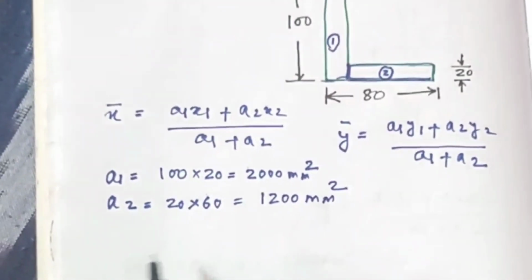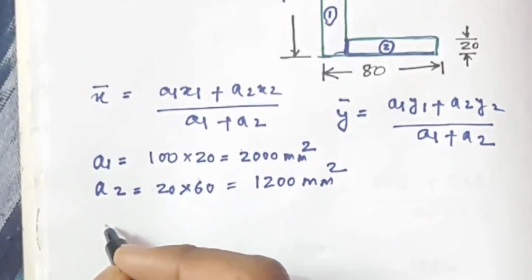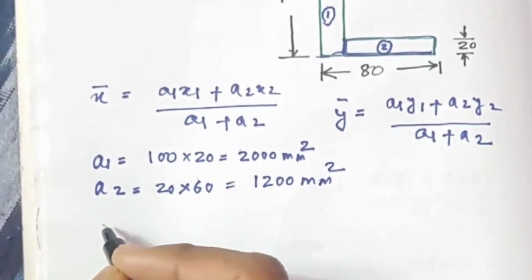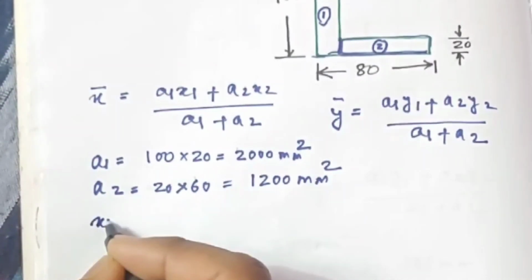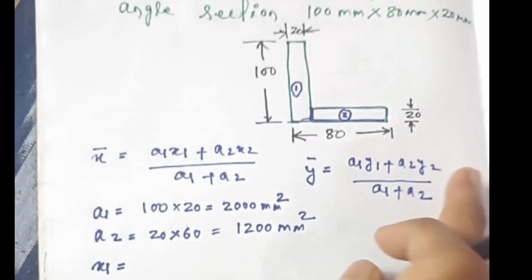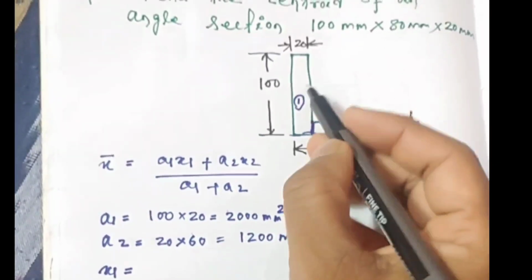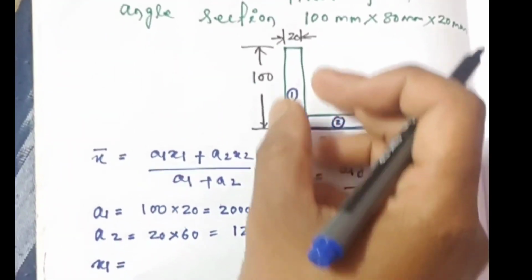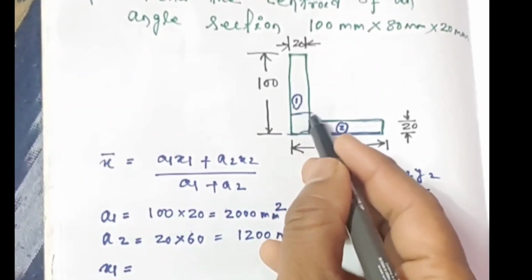Now our task is to find out A1 and A2, and now we have to find out X1. So this is section 1. The value of X1 is half of this thickness.